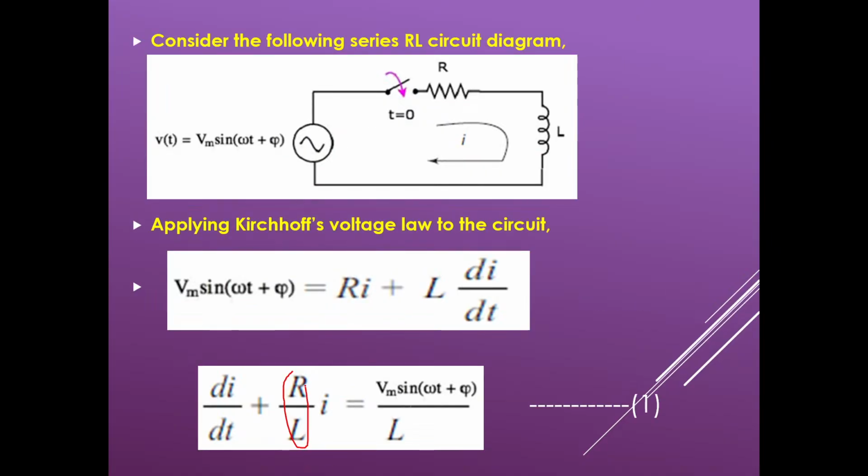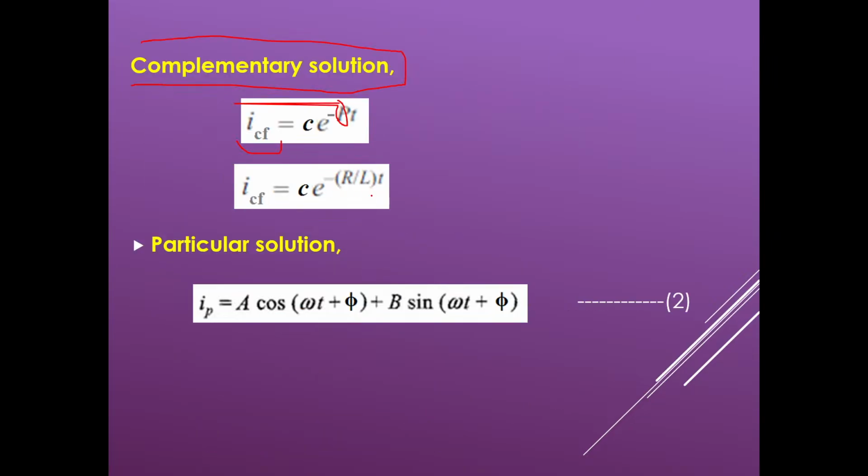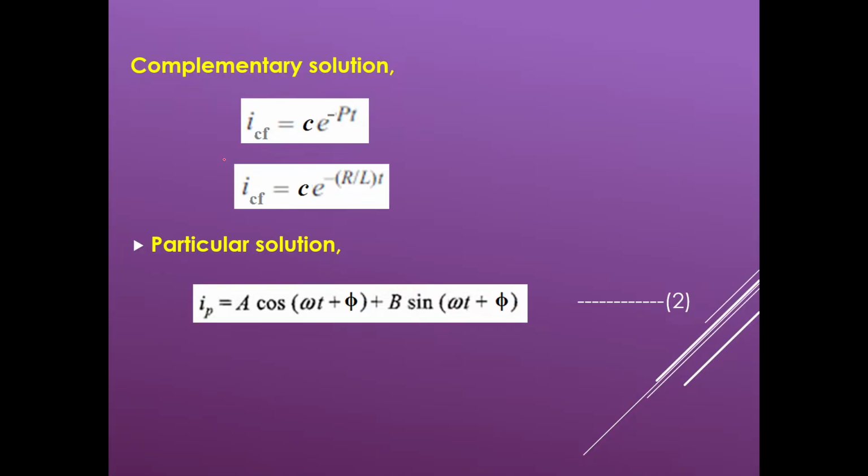P is R by L. Instead of P, you can write R by L. So the complementary part ICF is equal to C e to the power of minus R by L into t. We have got the expression for the complementary part of the solution.